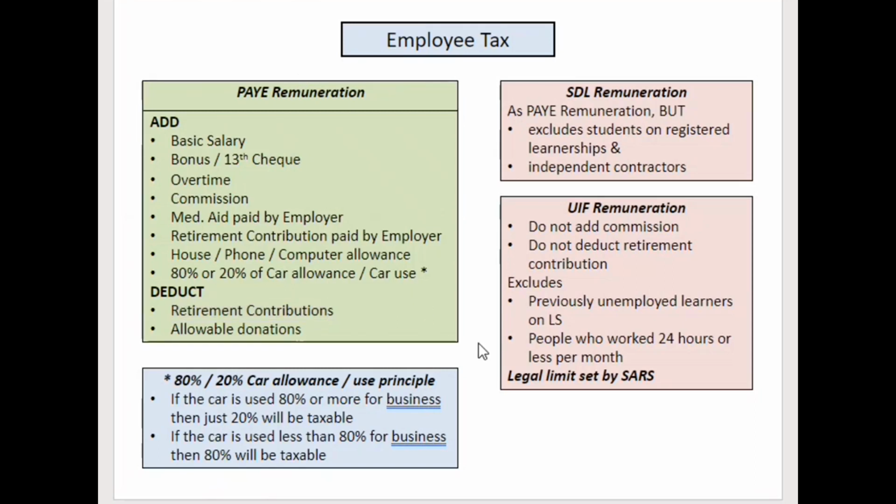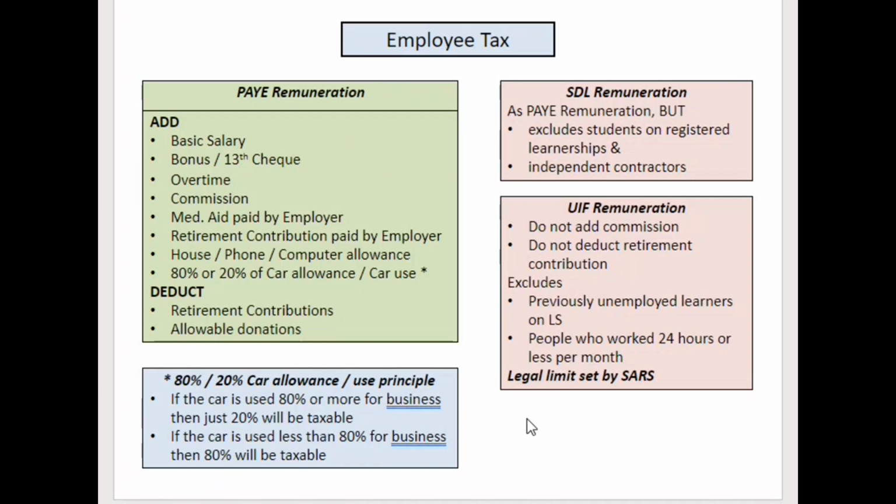Okay. It excludes previously unemployed learners on learnerships, and it excludes people who worked 24 hours or less per month. For everybody else, you pay UIF. There's actually a little implication there. In South Africa, we only have employment and part-timers who are regarded as people who worked less than 24 hours a month.